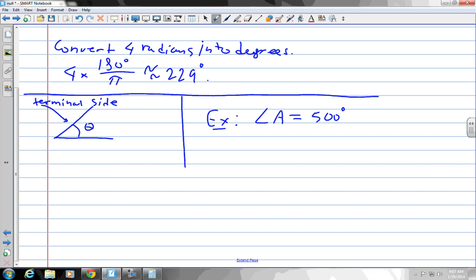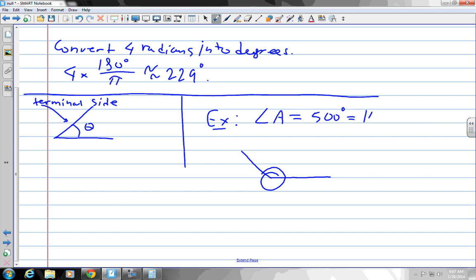So how do we get to 500 degrees? We start here. When you start turning your terminal side, if you want to get to 500 degrees, it's going to go all the way around, so that's 360, and how much more? 140, right? Is that right? So something like that.